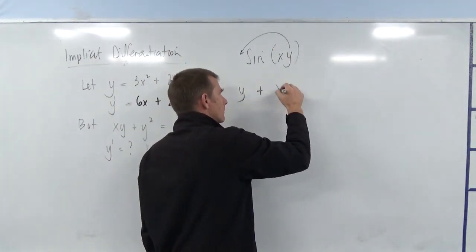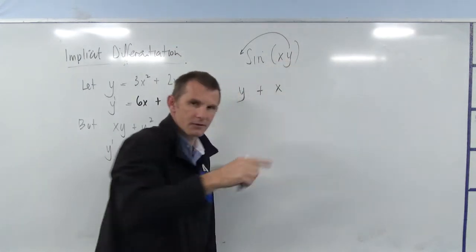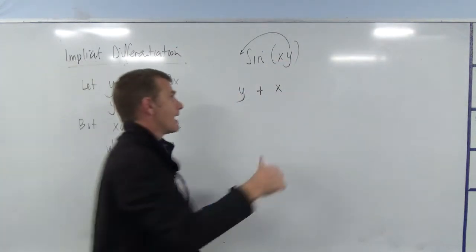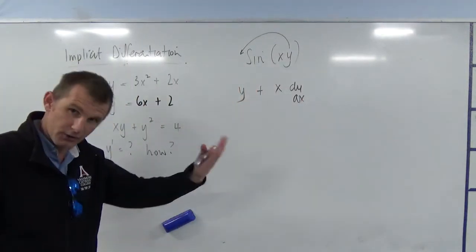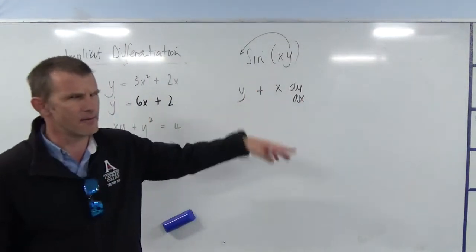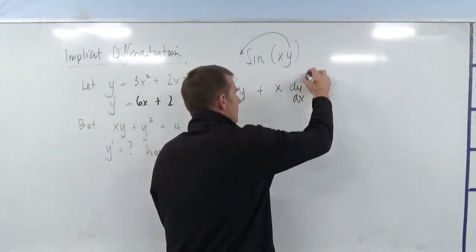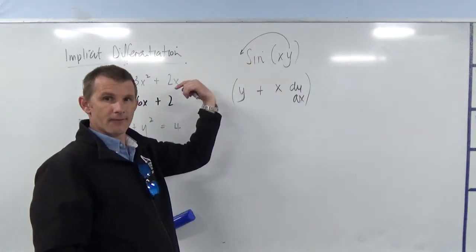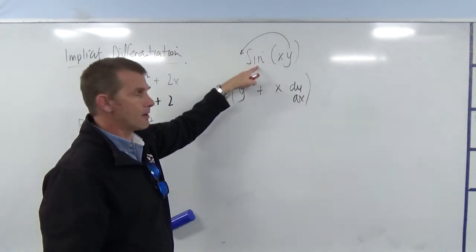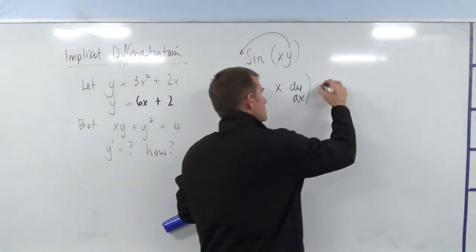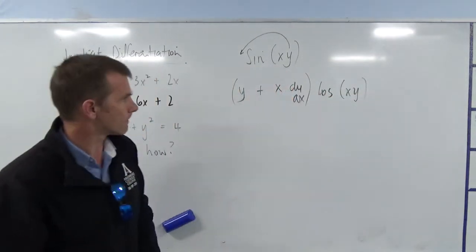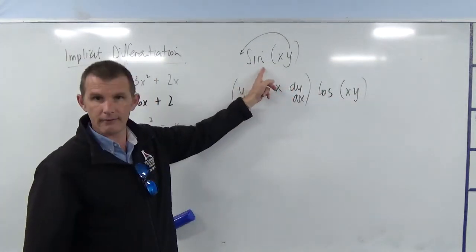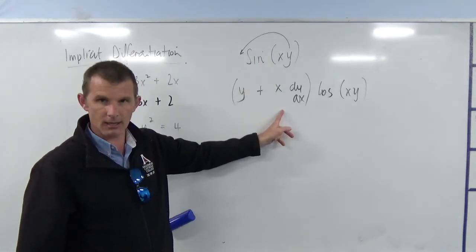First times derivative of the second with respect to x actually falls out as dy dx. Again, check back on the previous one. You'll tend to remember that one after a very short amount of time. That's the derivative out front, multiplied by, change the sign into cos of xy. So that, when we take the derivative of this, is going to be here.